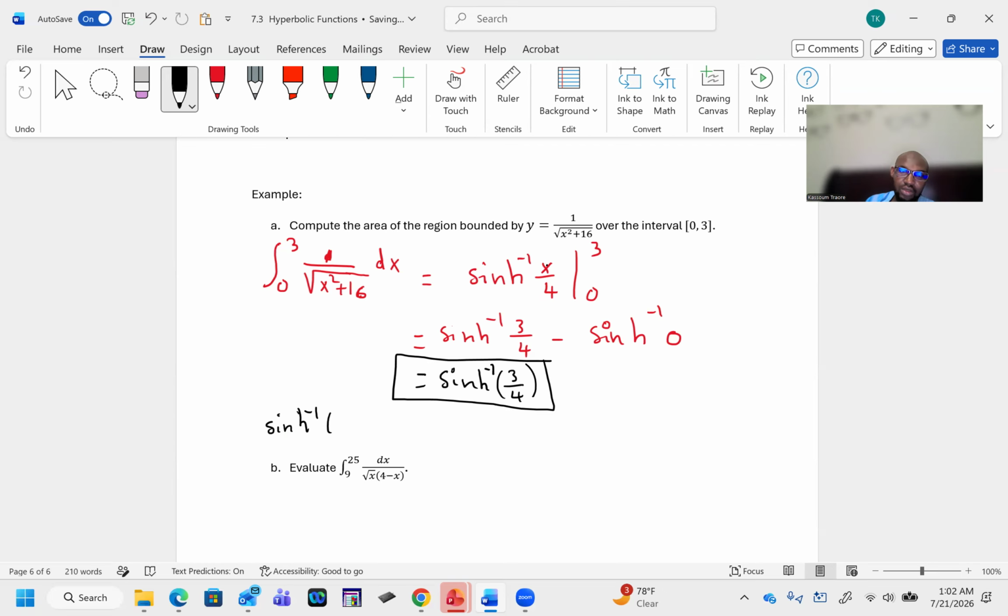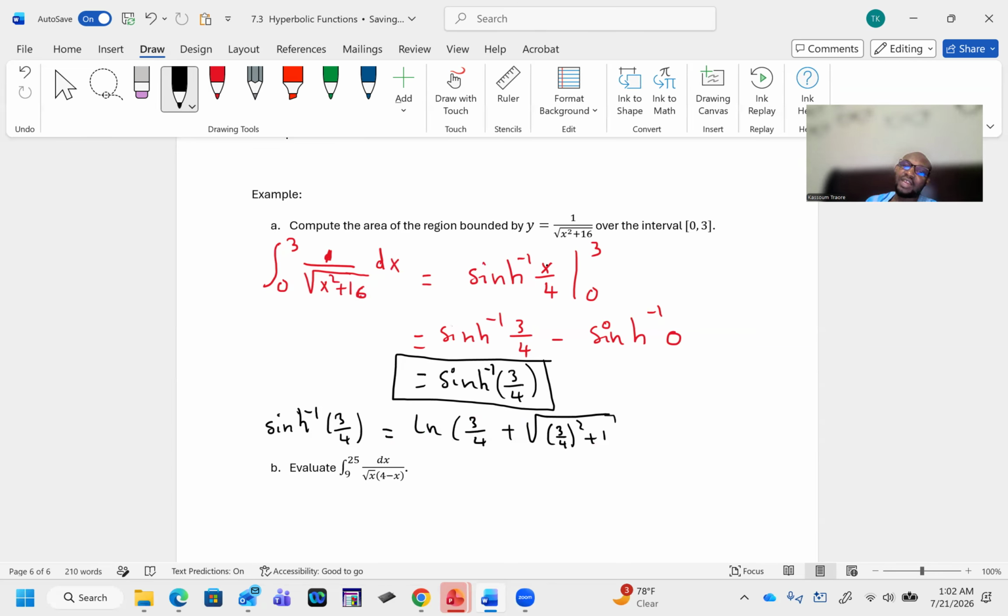Of 3 divided by 4 will just be what? ln of x plus the square root of x squared plus 1, where x is 3 divided by 4. And 3 divided by 4 squared plus 1: if you check your calculator, this will give 9 divided by 16 plus 1, which is 25 divided by 16.